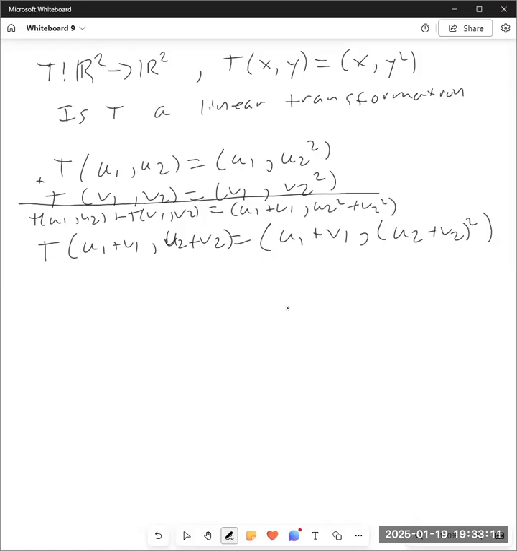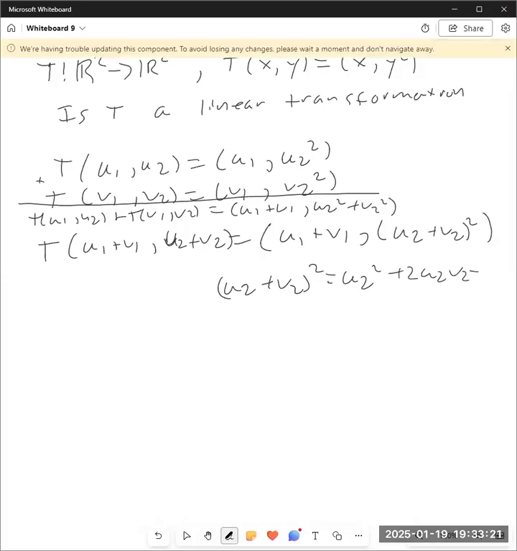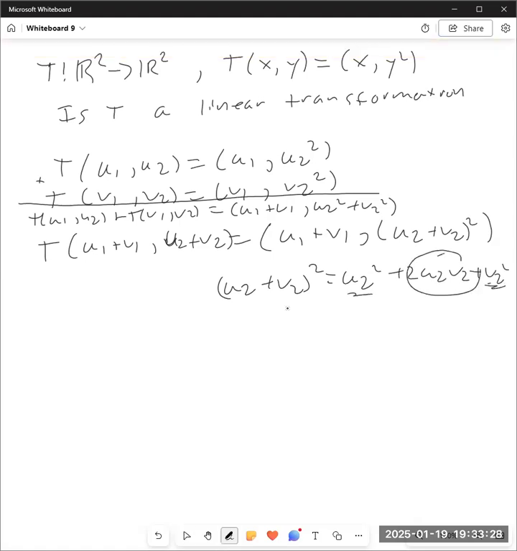And those are not equal because u2 plus v2 squared is equal to u2 squared plus 2u2v2 plus v2 squared. So I have this piece and this piece, but I'm missing that piece on my transformation. So no, not a linear transformation.